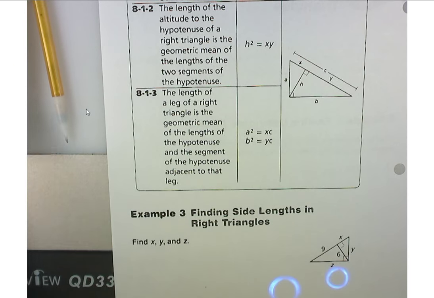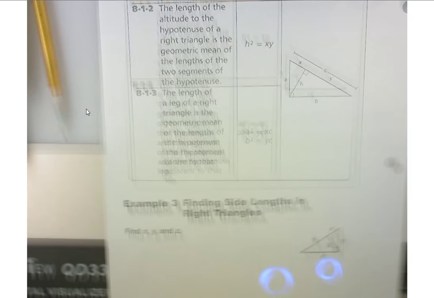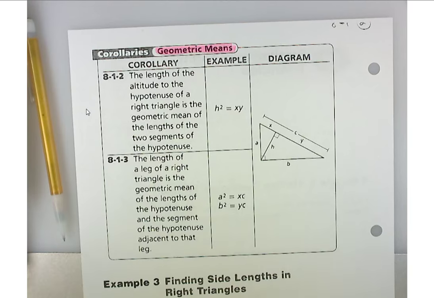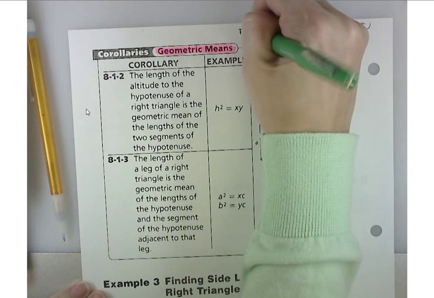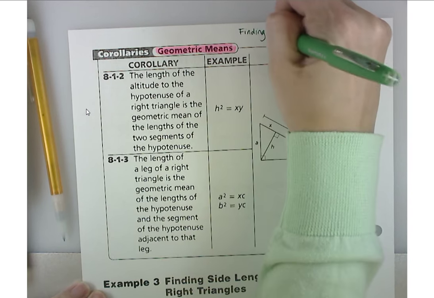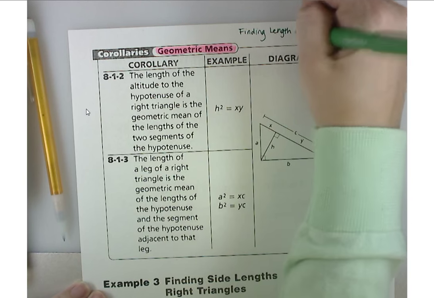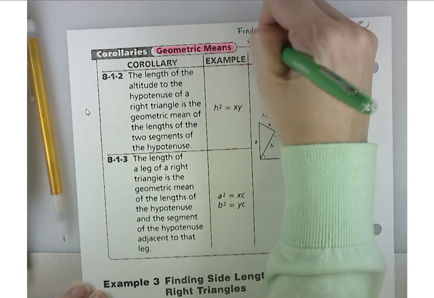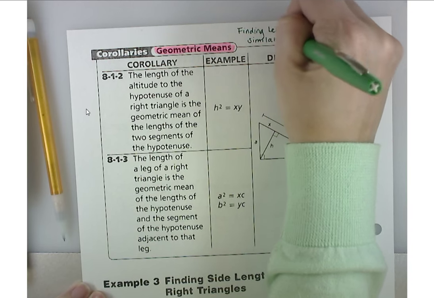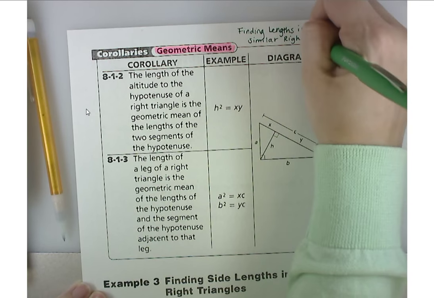What we're going to be doing with this is finding lengths in similar right triangles.